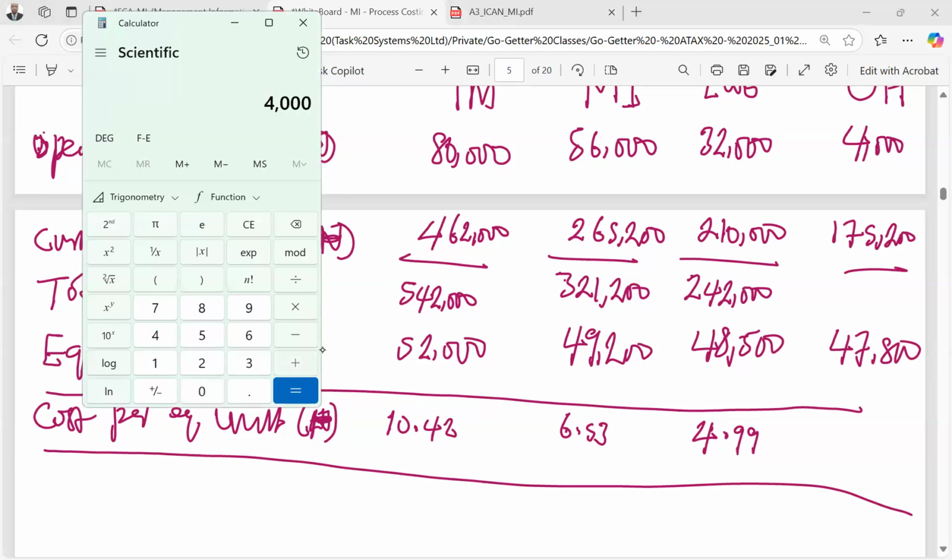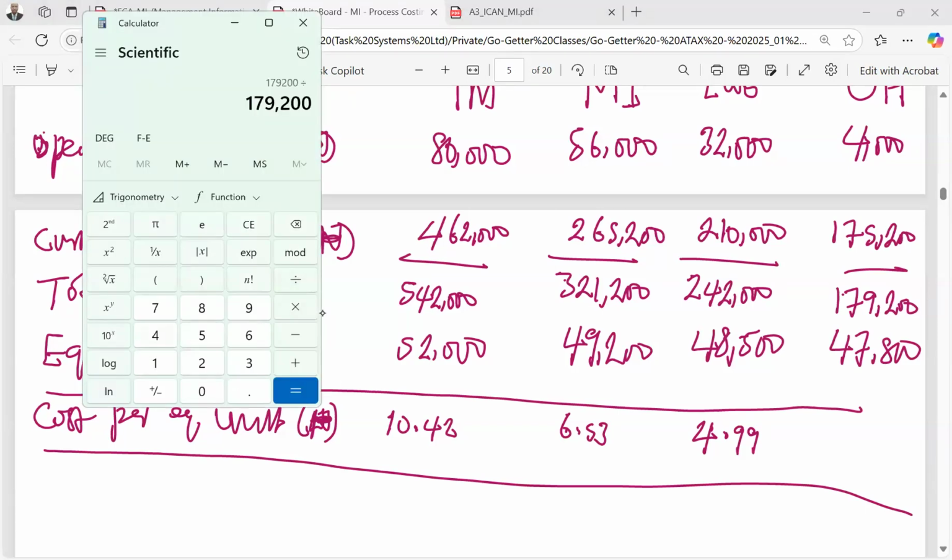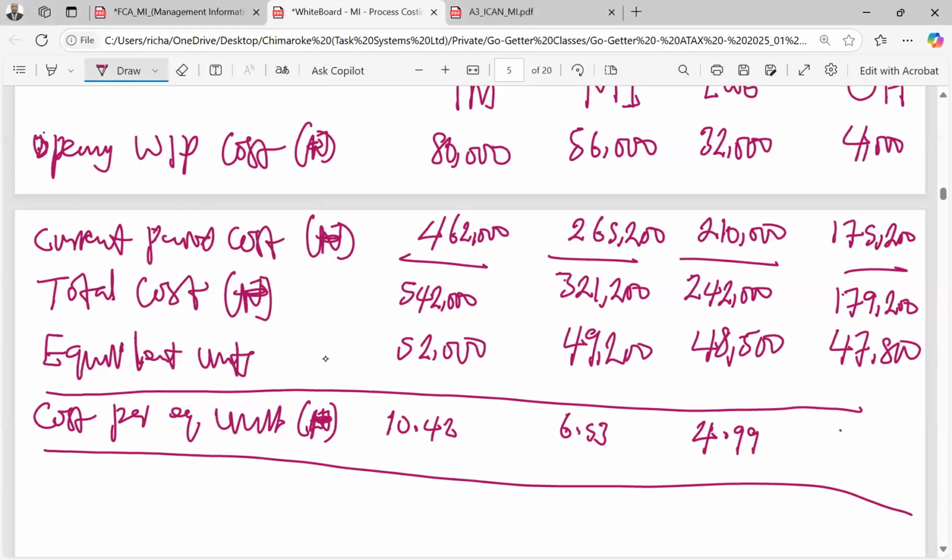Now divide 179,200 by 47,800. It's going to give me 3.75.